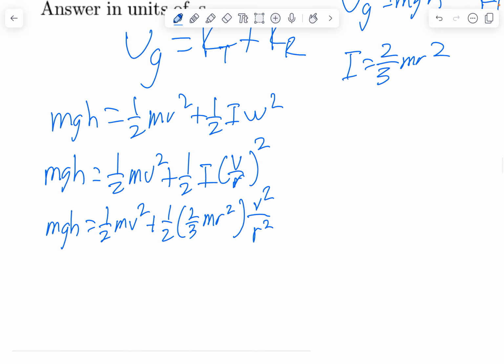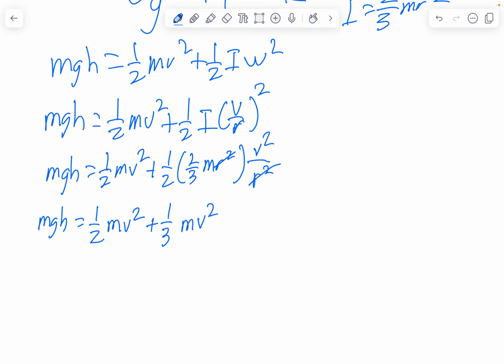So then if you look, I got r squared on top, r squared on the bottom, so those cancel out. So it's really mgh is equal to 1/2, and then plus 1/2 times 2/3, just 1/3, mv squared. Oops, I forgot the mv squared. So 1/2 mv squared plus 1/3 mv squared, right?